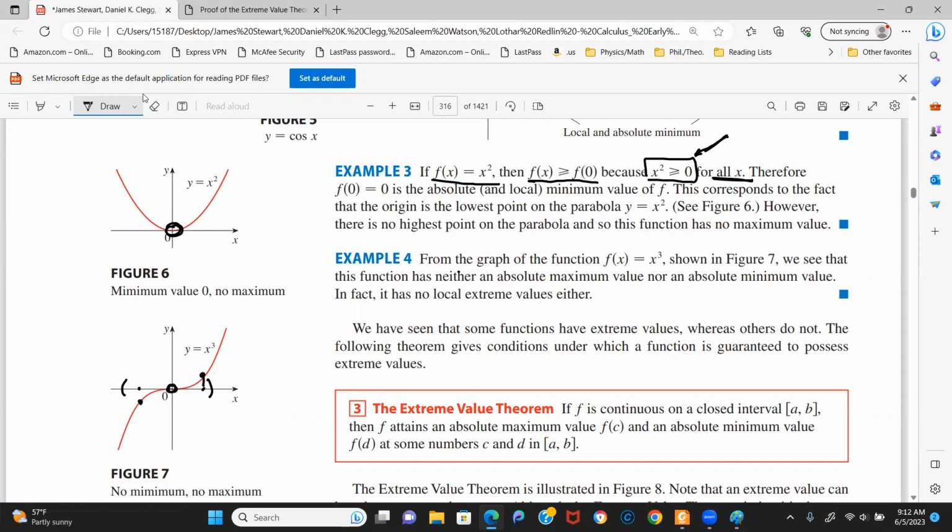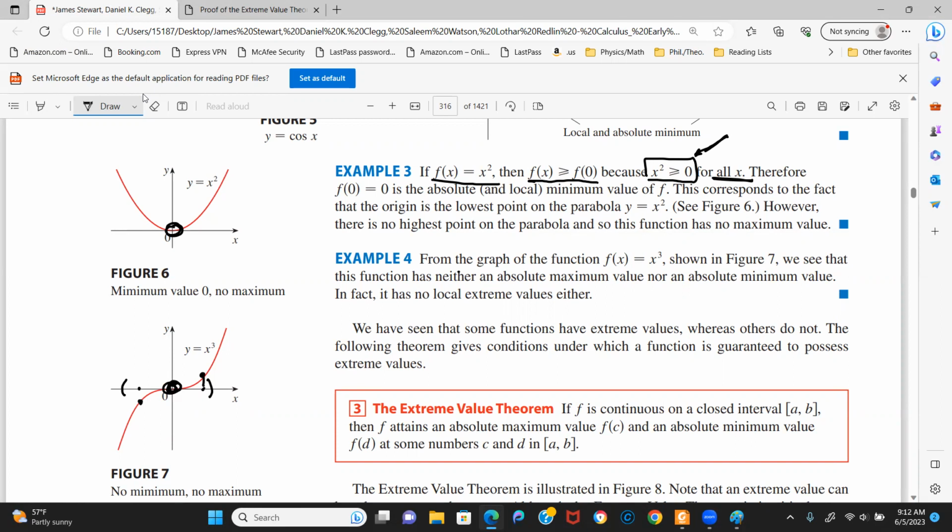And remember the definition of a local minimum or maximum. In order to be a local minimum or maximum, you have to be either larger than the given value on the whole interval, or you have to be smaller than the given value on the entire interval.